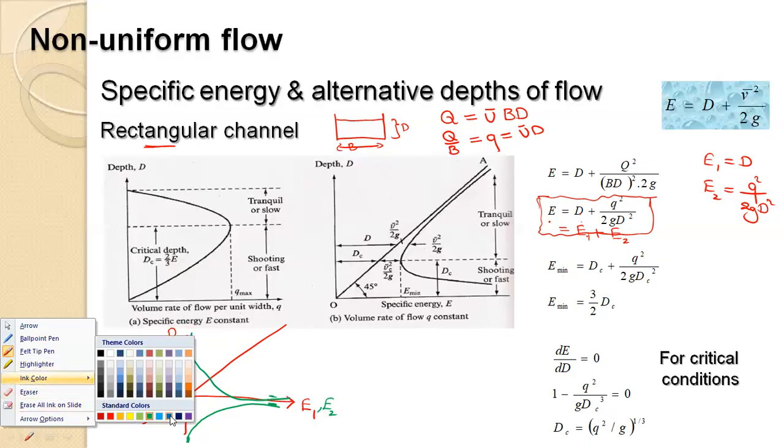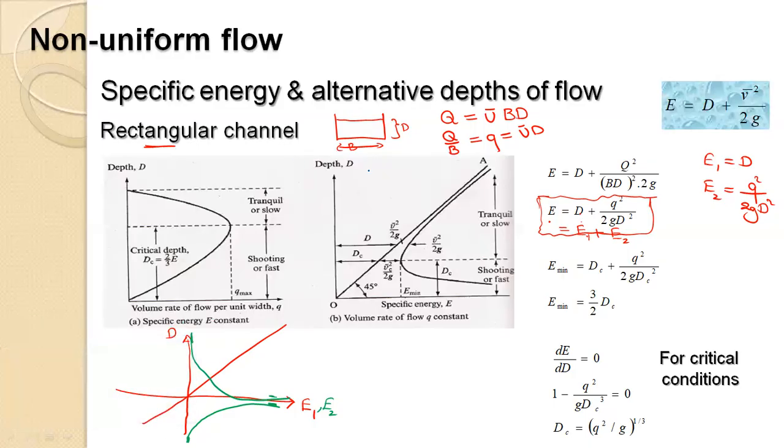I'm going to do it with a different color. 0 plus infinity would be infinity. And then you will have a curve like this. So this is the E versus D curve.